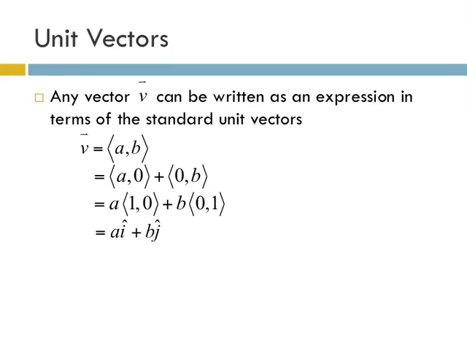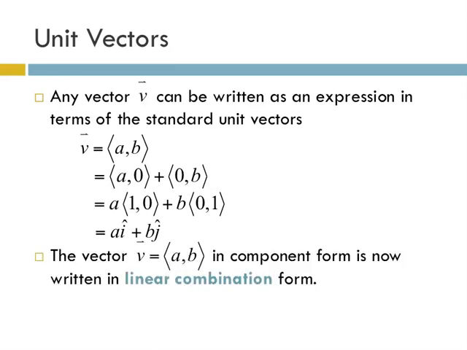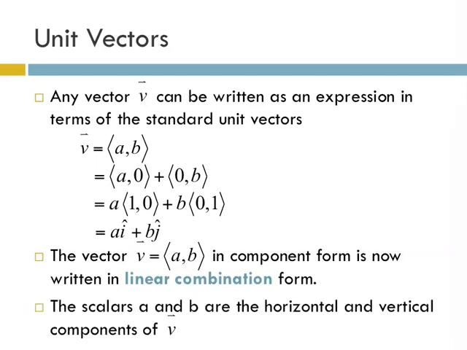What we call this is linear combination form. Okay, so the vector v equals a, b in component form is now written in linear combination form. And we would say that the scalars a and b are the horizontal and vertical components of vector v.